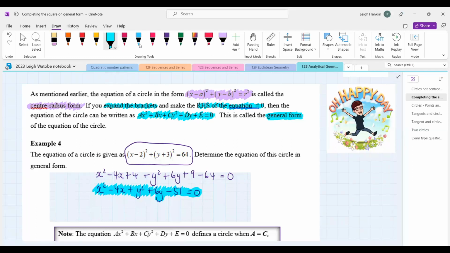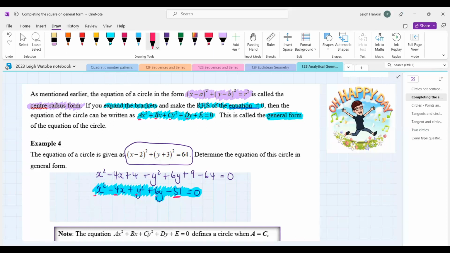Okay, so you can see that this letter that they've called A over here is the coefficient of the x squared term. And that letter B, that's this coefficient over here, minus 4. C, that's the coefficient of the y squared term. That letter D over there is the 6. And in this case, the value of E would end up being minus 51.